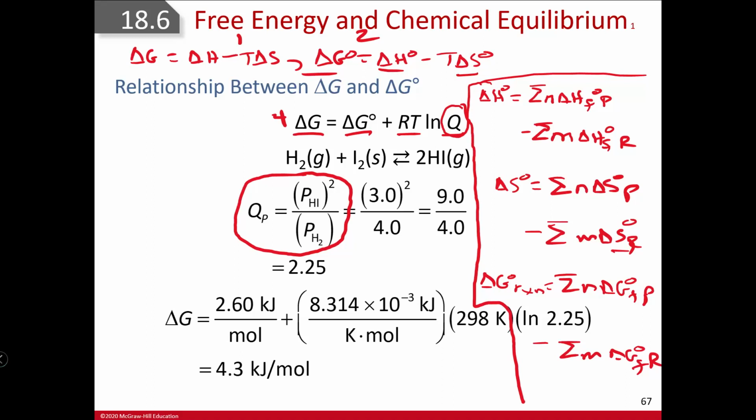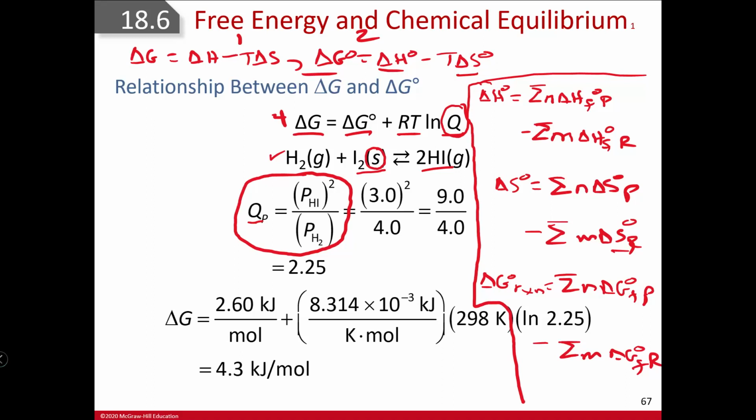So if we're looking at a reaction like this reaction here, where hydrogen gas reacts with iodine solid, remember solid's not in the expression, the equilibrium expression is integrated into the constant. And then we have hydrogen iodide gas here. This is what the expression would look like.